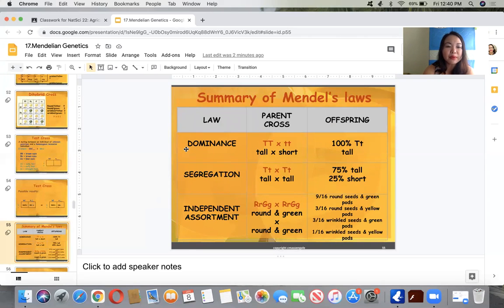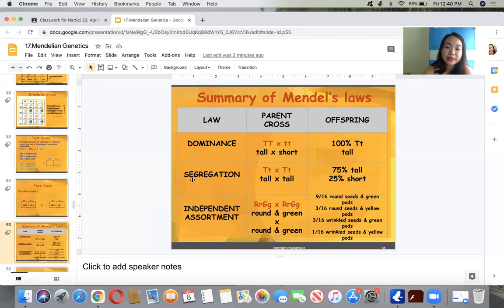So to summarize Mendel's laws, we have first the law of dominance. So when you cross parents with tall and short, there will be 100% tall, because that's for the dominant tall. Using the Punnett square, you can try to segregate them.